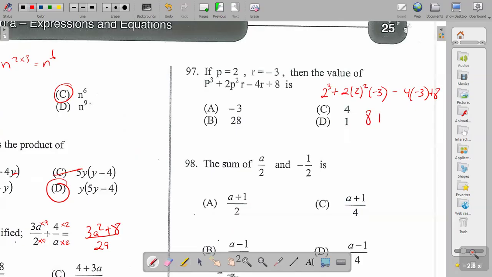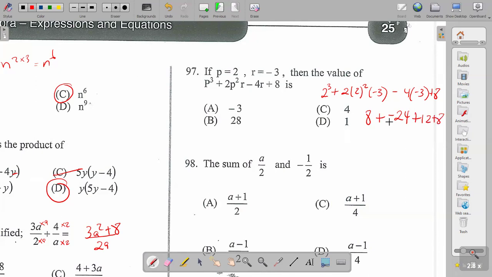So that's 8 plus... Gotta do the square first. That's 4. 4 times 2 is 8. 8 times negative 3 is negative 24. And then here we have negative, so that's plus 12 plus 8.